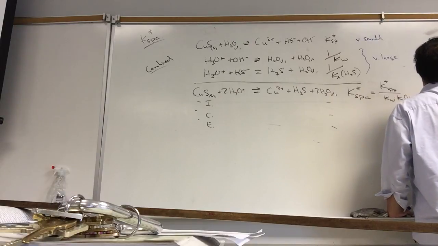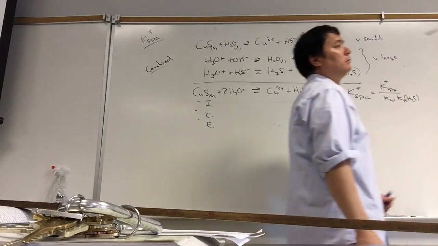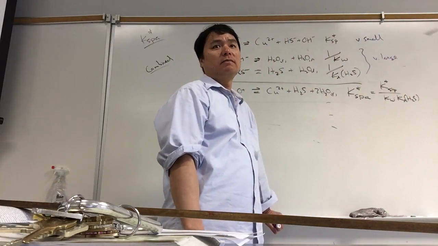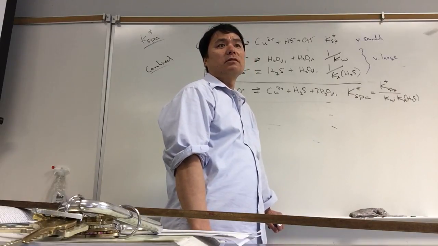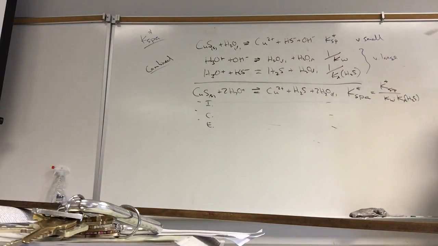Let's say I have acetic acid plus sodium hydroxide. I'm not going to try to get a number for this. I'm just going to call this very, very large. This is going to go to sodium acetate and water.